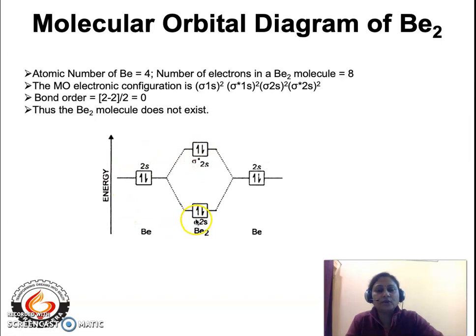Now comes the filling of the electrons. There are a total of 4 valence electrons in this molecule, and the 4 will be accommodated in the sigma 2s and the sigma star 2s molecular orbitals. So the bond order is (2 minus 2) divided by 2, that is giving a figure of 0. So the beryllium molecule is not a stable molecule, it does not exist.